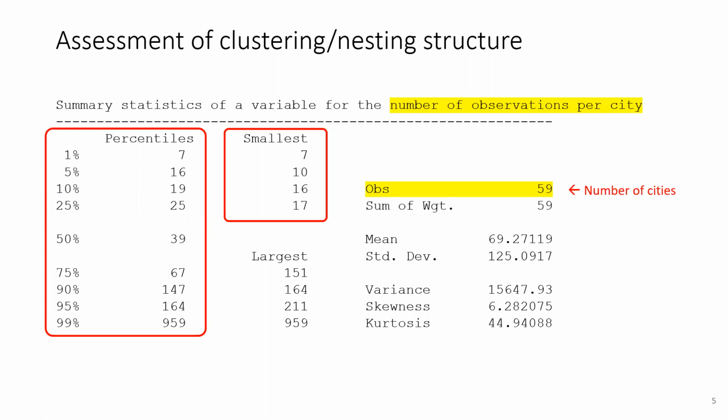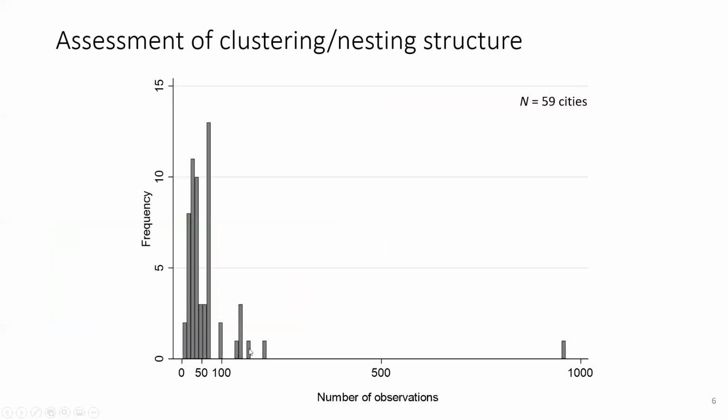Well, if you want to get a city estimate, we don't have a representative city sample because the number of observations is very small. This is what we can get from this table, and we have to keep it in mind. Also, using this histogram, I plotted the frequency of the number of observations per city.